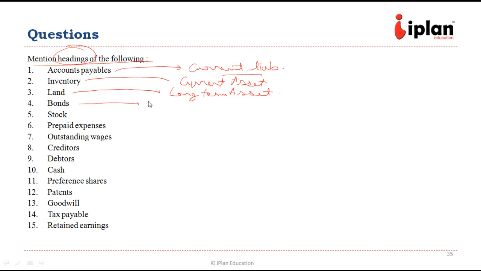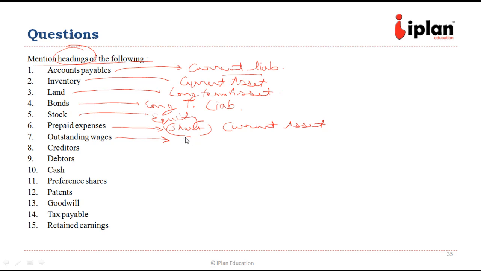Bonds, if the company has borrowed or issued bonds, will be a long-term liability. Similarly, stocks will be part of equity, long-term. Prepaid expenses are the expenses for which we have already paid but have not consumed. So this is a short-term or current asset.